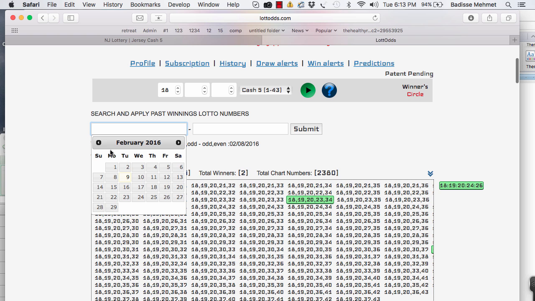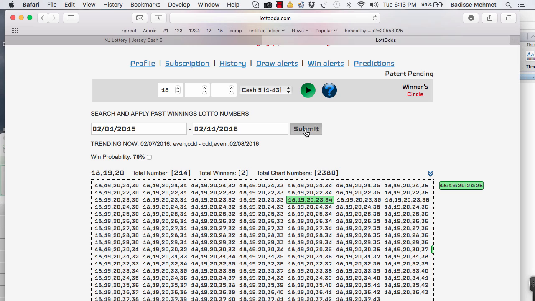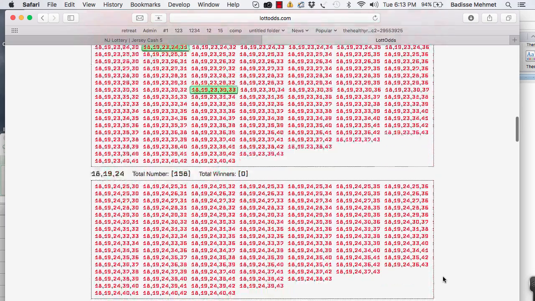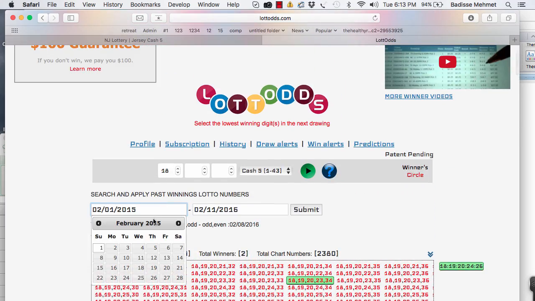Okay, let me see if I could pull up a heat map in here. Let me show you if it pulls up. It should be in red. You'll see red and black or something like that. Yeah, there you go. So you see it's all in red here. Let me just pull back because I want to get some black ones out here.